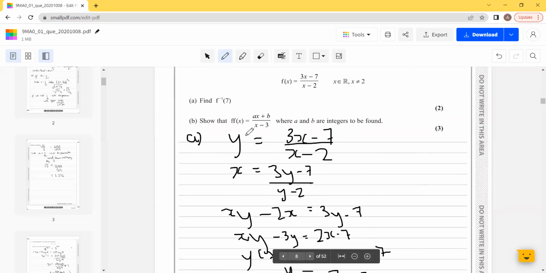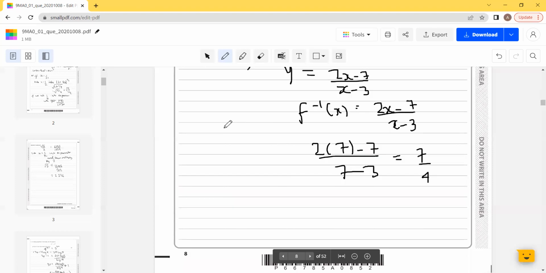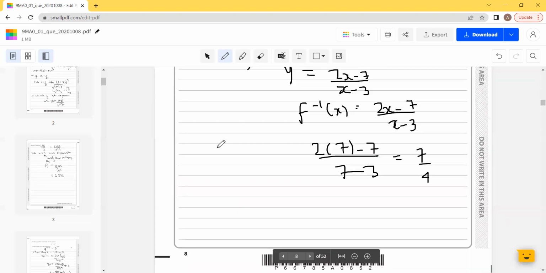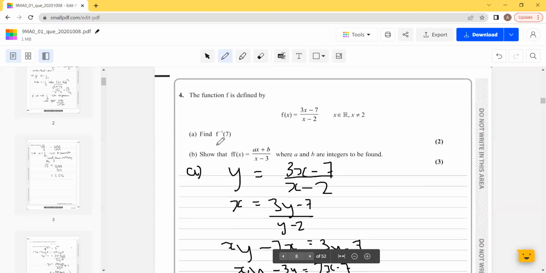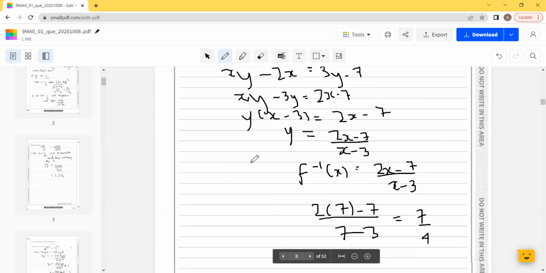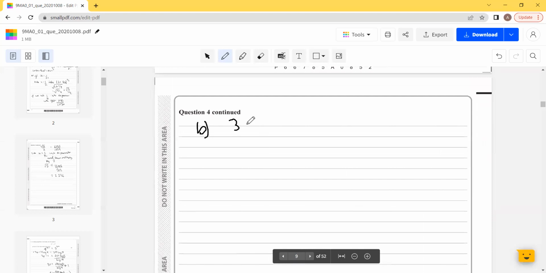Okay, part B. Show that f of f of x is equal to ax plus b over x minus 3. Okay, so I'm just substituting f into itself. So 3x minus 7 over x minus 2. Okay, that's the original f of x.